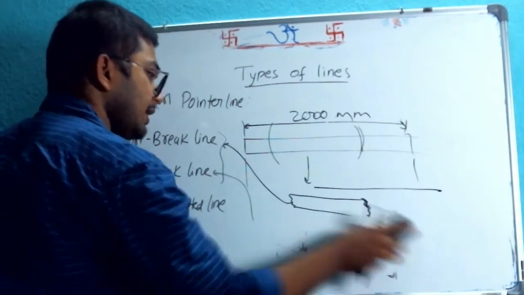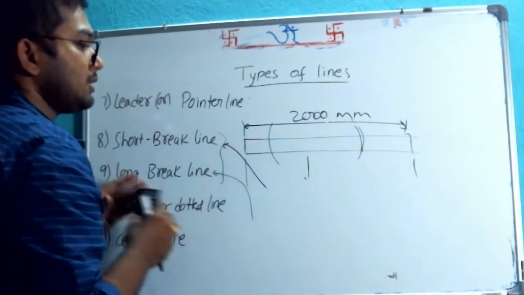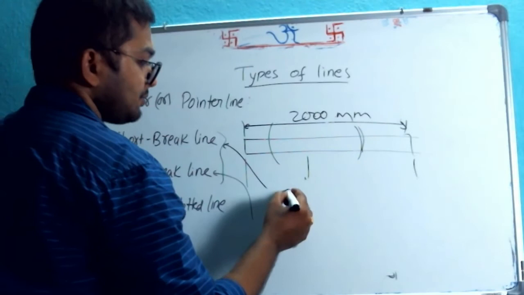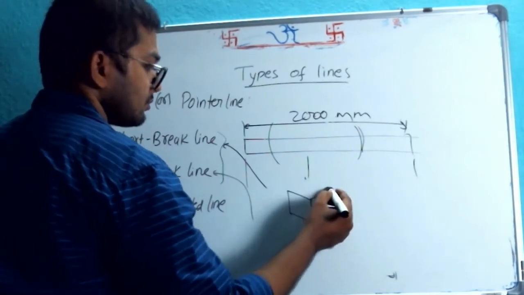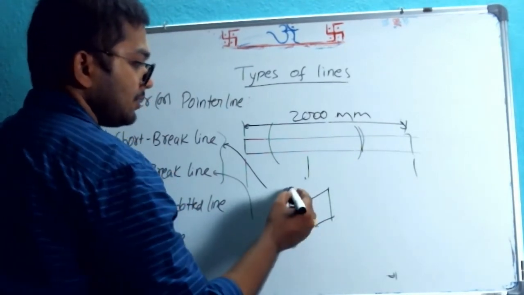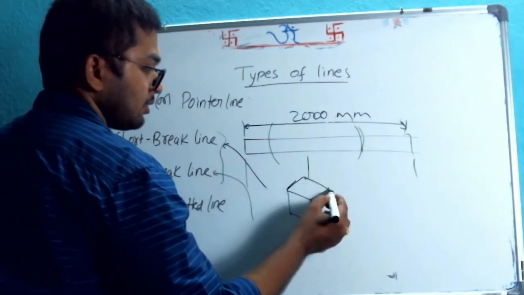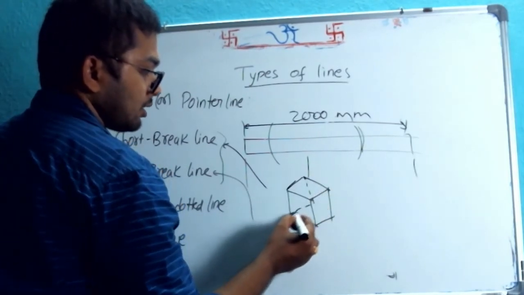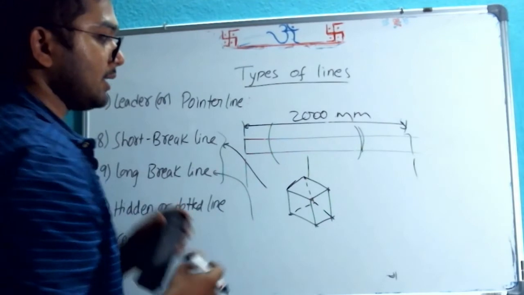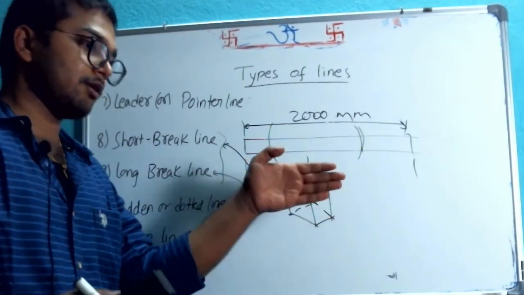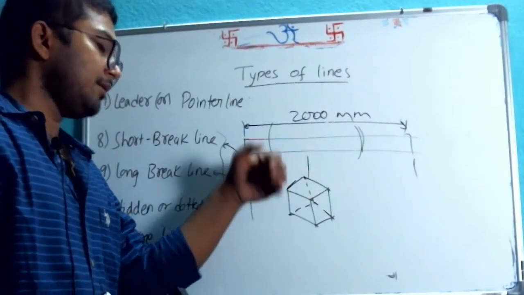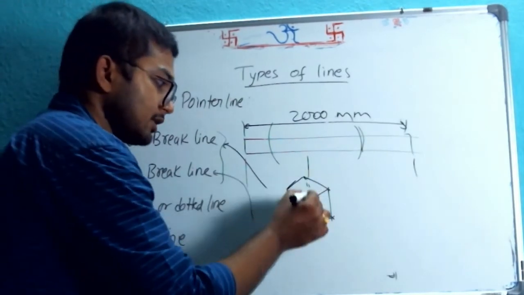Now, next one, hidden or dotted lines. I have already explained that, say this is a cuboid. These are edges visible. Now there are certain edges that are not visible, which are behind the scene. These are the front edges, which are visible to us. Behind that, the backside edges are not visible.